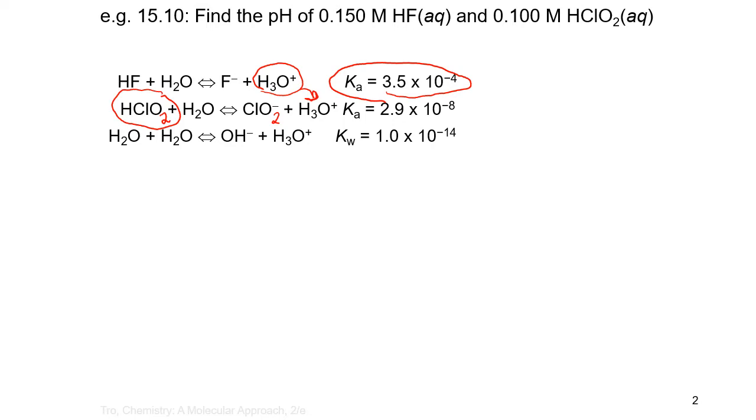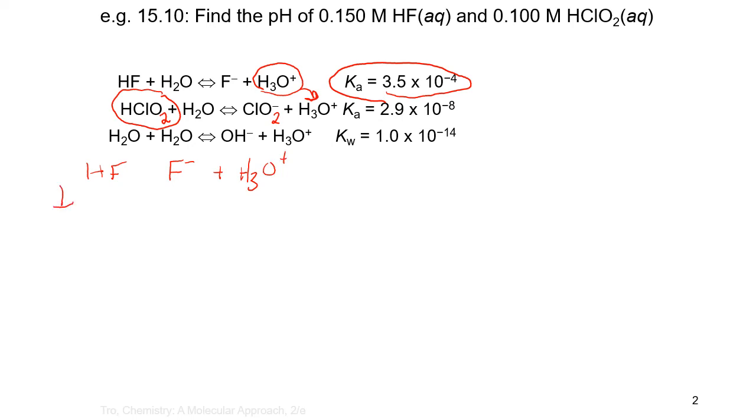And Kw is even more so. Okay, so to find our pH, we are going to again do our ice table. So we're looking at HF, its conjugate base, and the H3O plus.